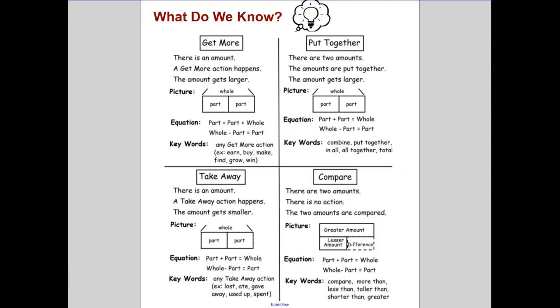There's no action, and you compare those two amounts to either find what is the difference or determine what is the greater amount or lesser amount. Pause for a second and see if you can remember all four of the problem types. Keep this out, boys and girls, because you're going to need to use it to help me identify the problem type.